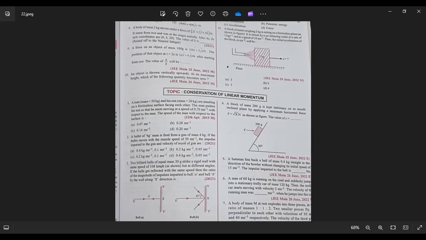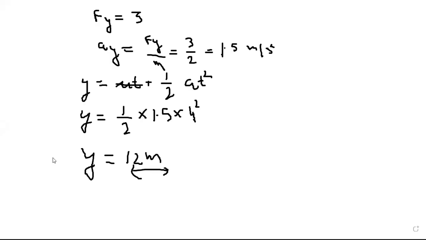Again we share the plain sheet. Read the question properly.